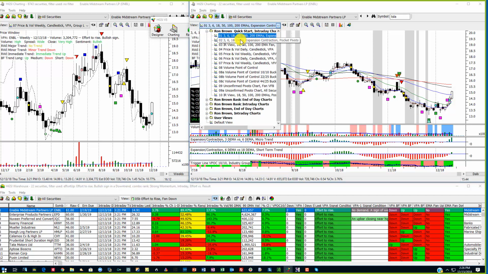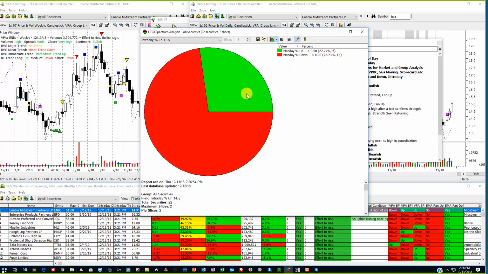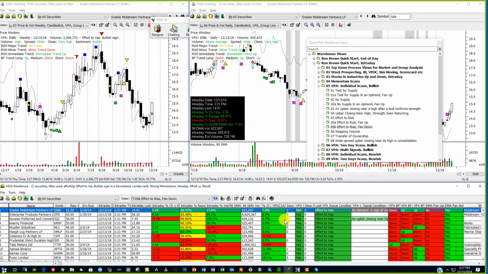So I want you to play with this and see what you come up with, and make sure there is plenty of demand. Now on this, how many did we get? 22. You can see that of the stocks that have a strong fan downtrend, 6 of them are up and 16 are down today.